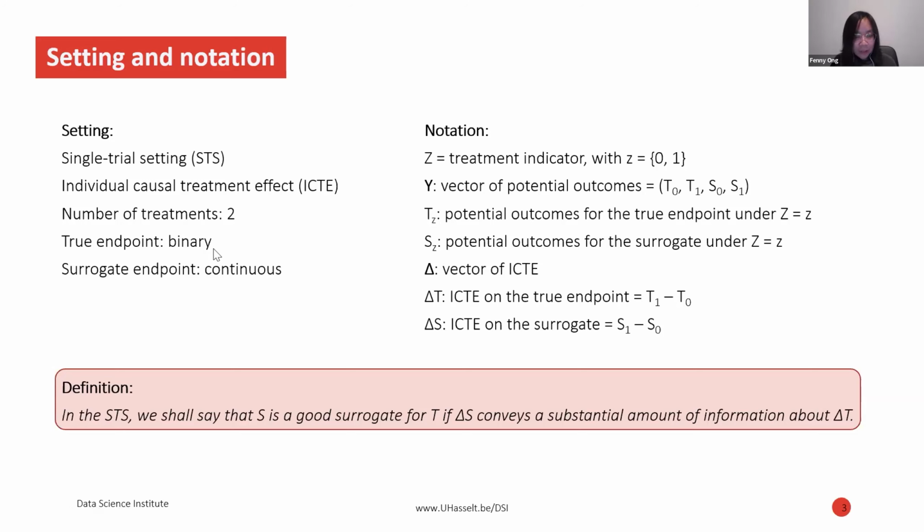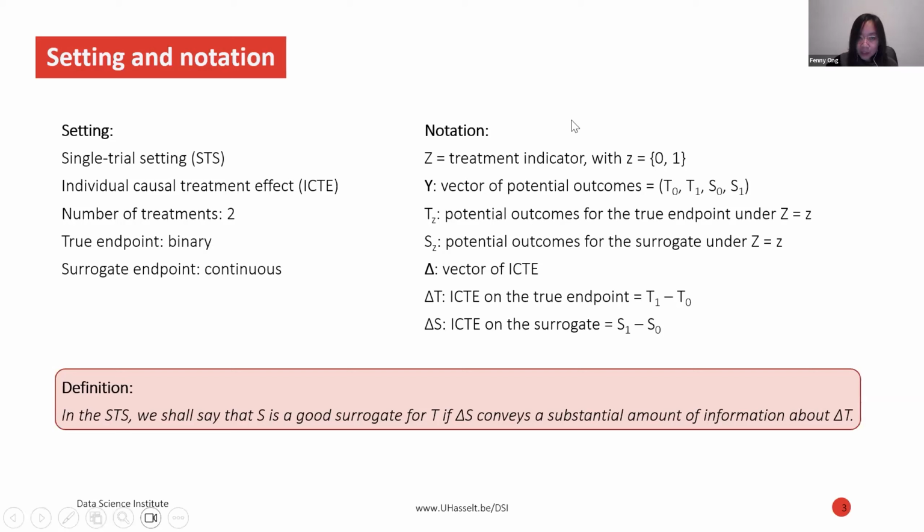This type of setting can be found, for example, in many vaccine clinical trials, where the measurement of the immune response can be used to predict vaccines' protective efficacy. However, it's also important to mention that a similar approach has been developed in other settings as well, such as the binary-binary, continuous-continuous, and the most recent one in the survival-survival setting.